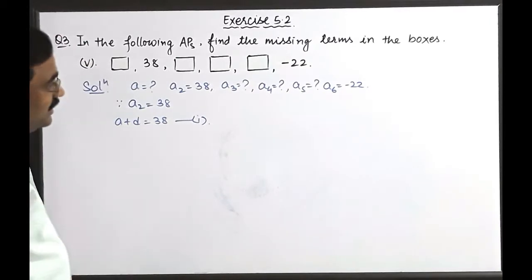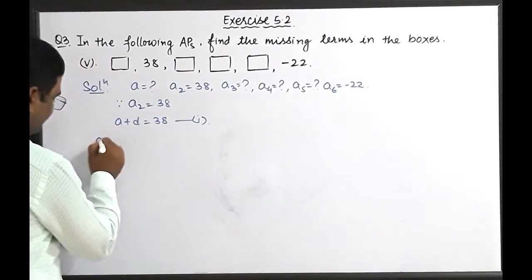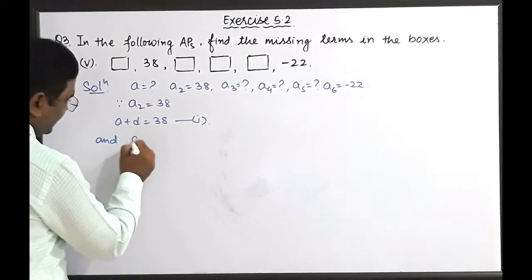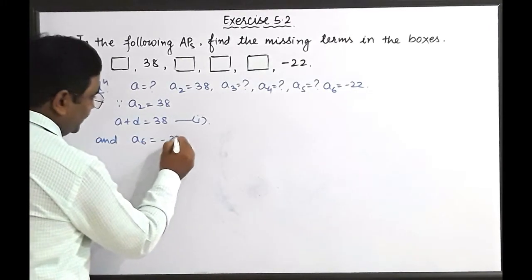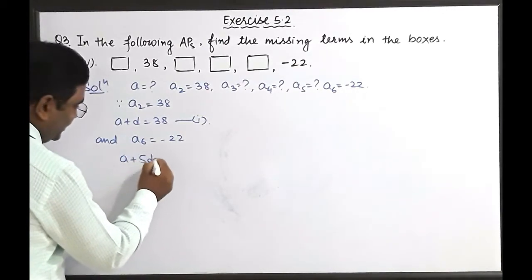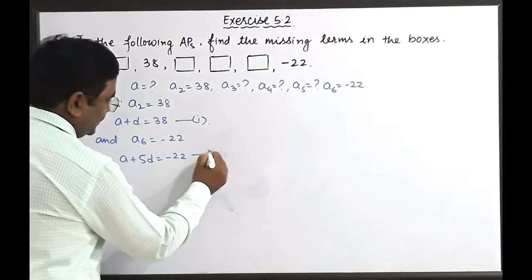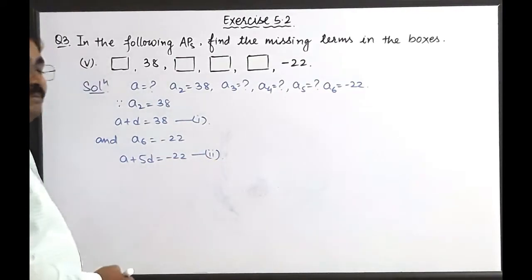Okay. Now the term given is A6, and A6 is given minus 22. Solve करते हैं इसको. A6 can be written as A plus 5D, that is minus 22, which is equation number 2.